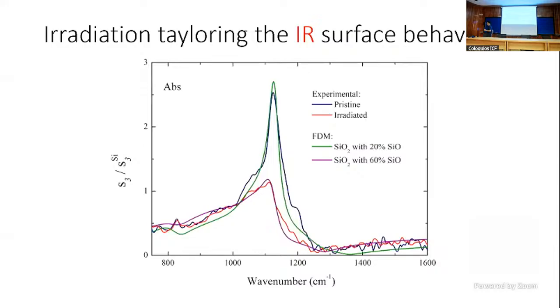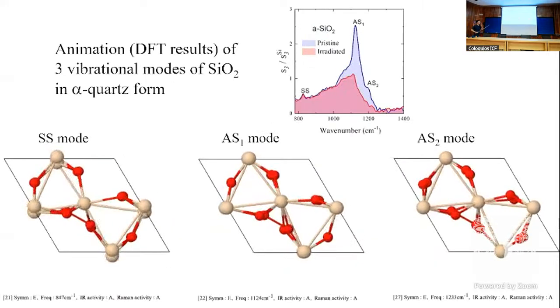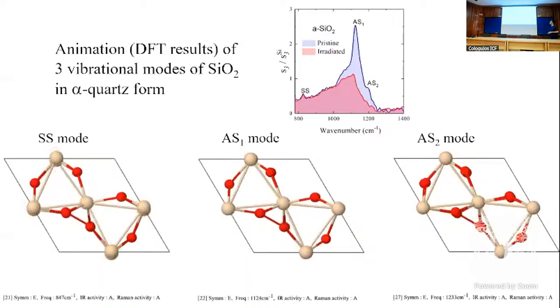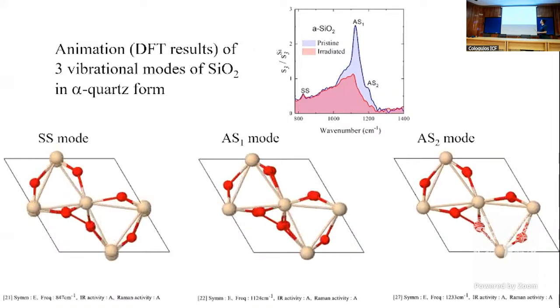So we did something different here. This may be helpful also to understand the idea of having different vibration modes in the solid. These are from DFT calculations again, but for crystalline; we could not do this for the amorphous one. It would be too complicated, at least for us. So we did this with quartz, the crystalline one.